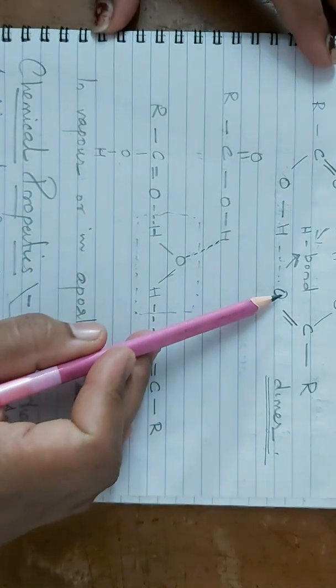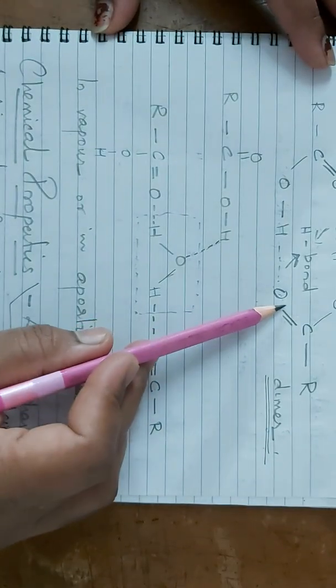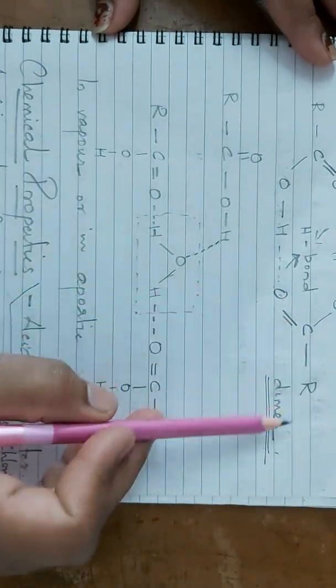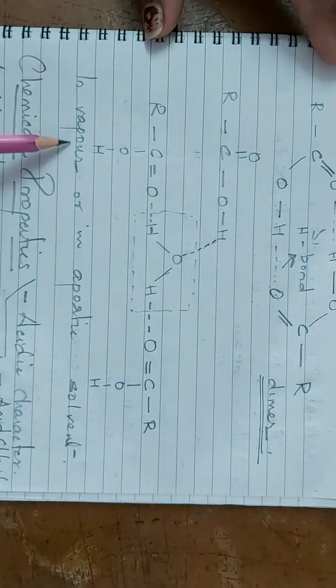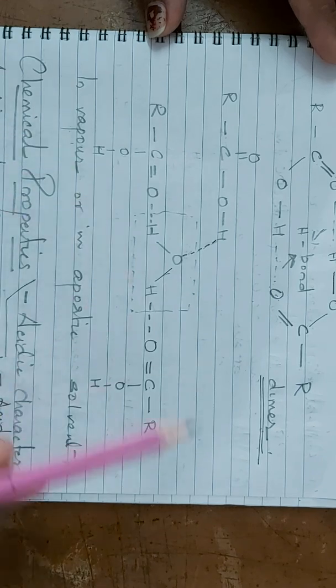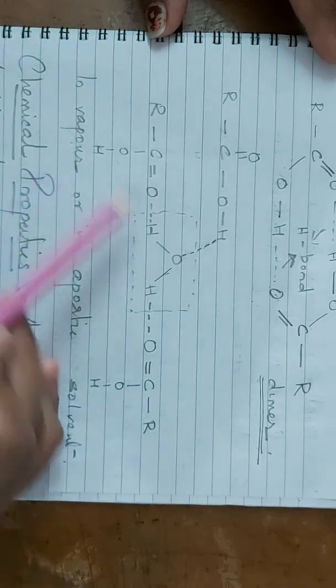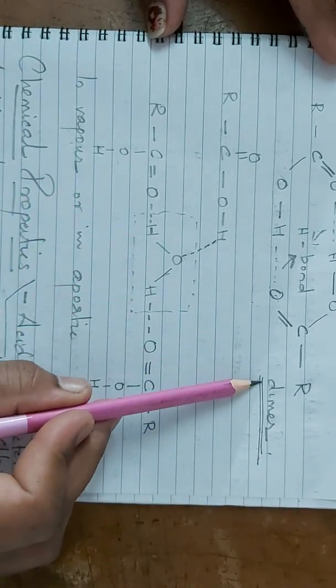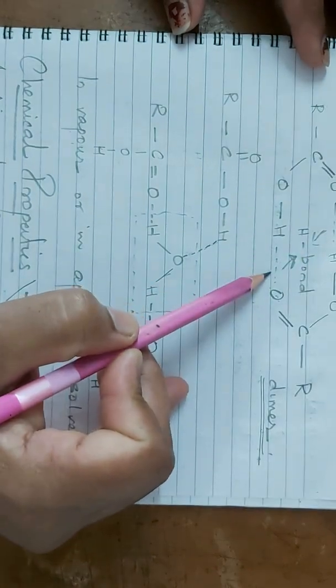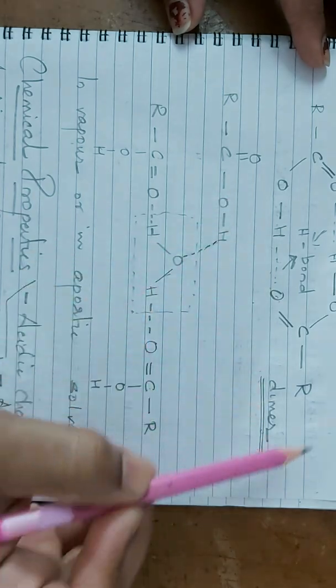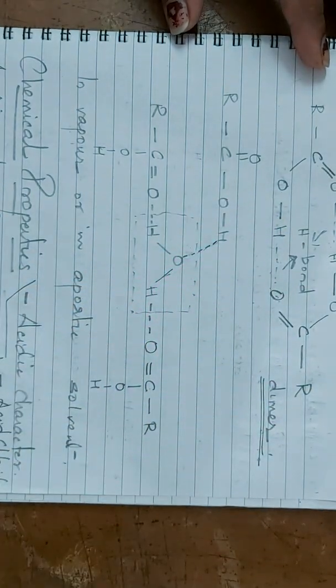This hydrogen bond is appreciably strong, so they sometimes get vaporized as dimers themselves, right? So we can call it an associated unit.